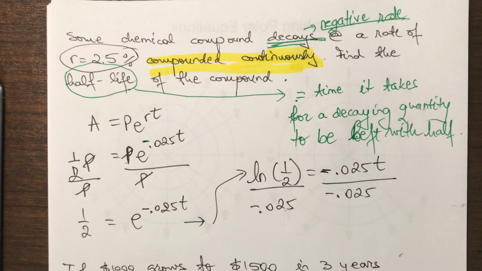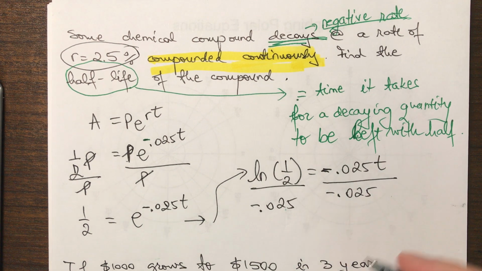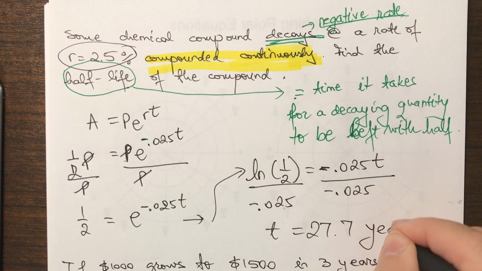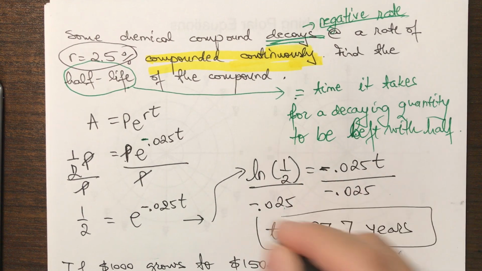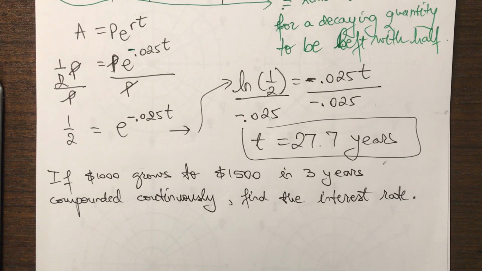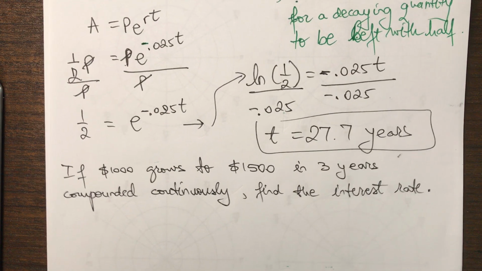So put this in your calculator, and you're going to end up with 27.7 years. And it's going to make it back. ln of 0.5 is a negative 0.6913, something like that, I think.